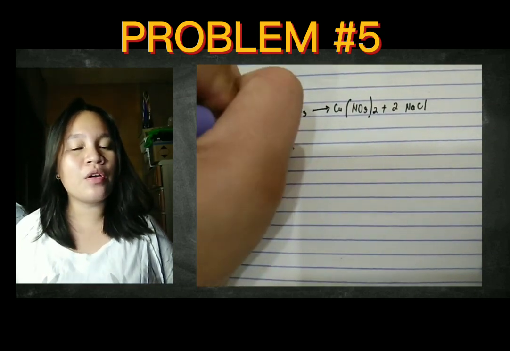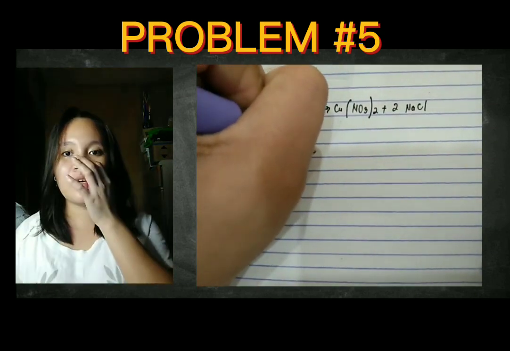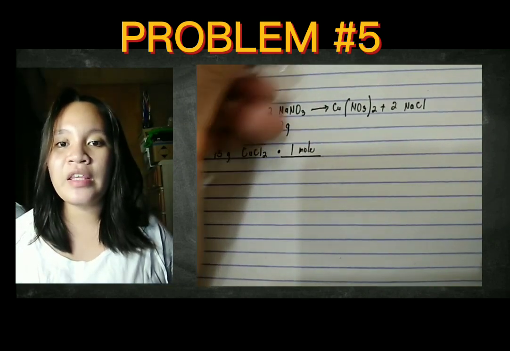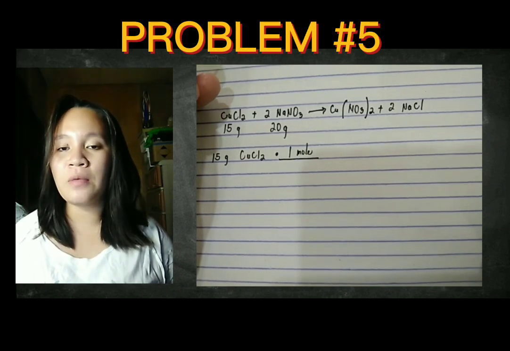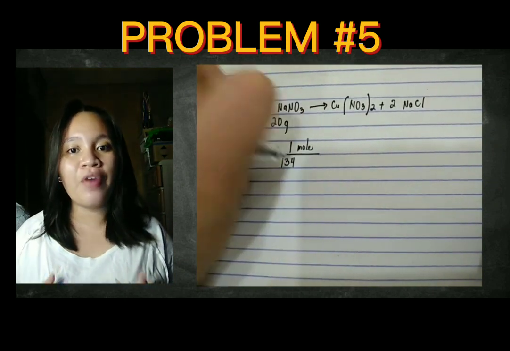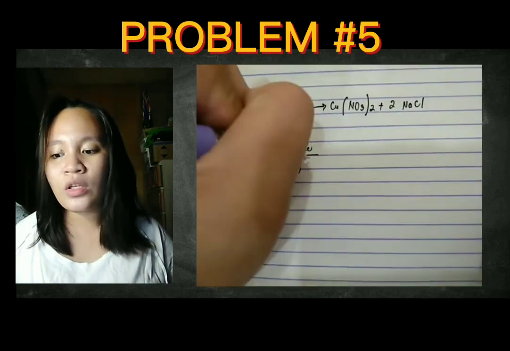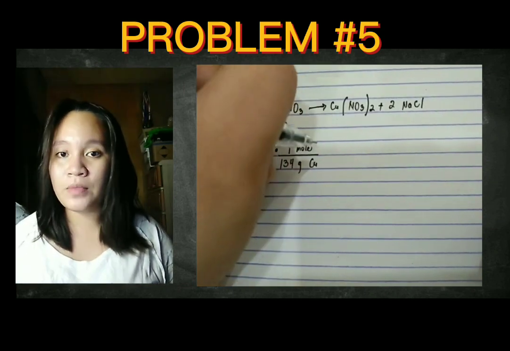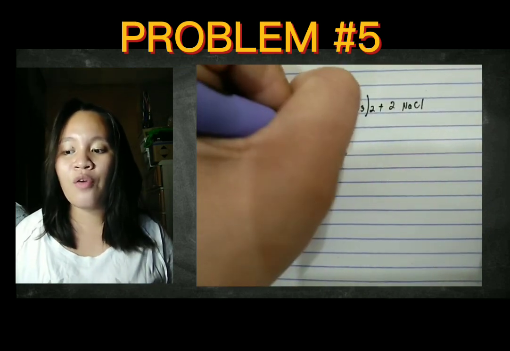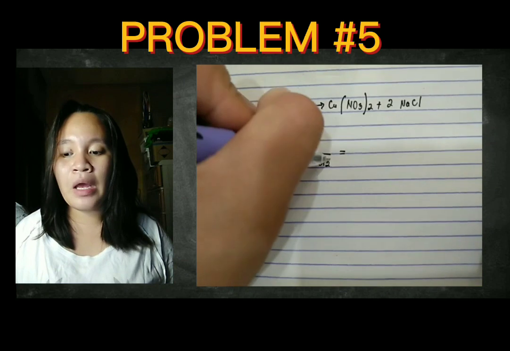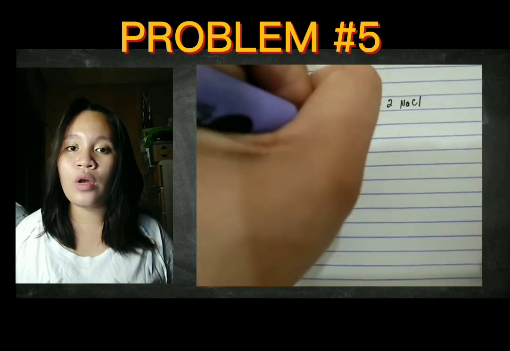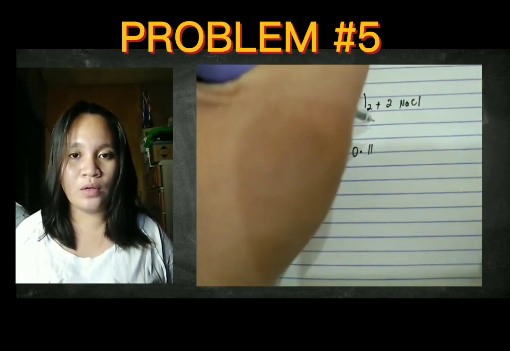Multiply it with 1 mole, and find the molar mass of the involved elements, which are copper and chlorine. The result is 134 grams. After that, do the cancellation. So 15 multiplied by 1 mole divided by 134, the result is 0.11 mole.